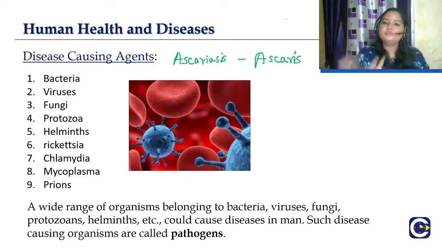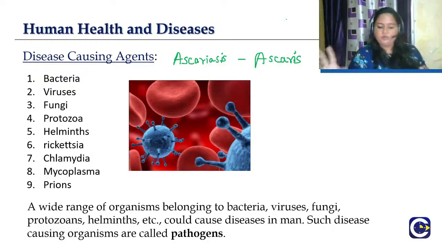We get this worm through contaminated food and water. Once we get this worm inside, it starts utilizing our digestive system and it takes all the nutrients from our body and we feel bloated. We lose the feeling of hunger. We will not eat properly.